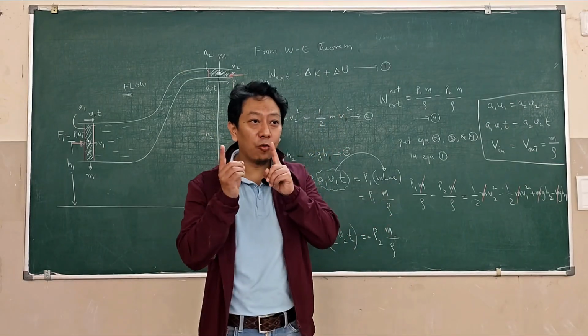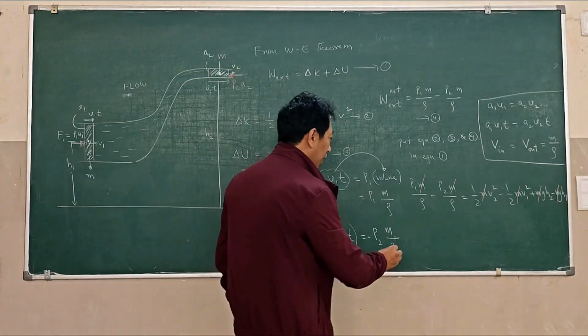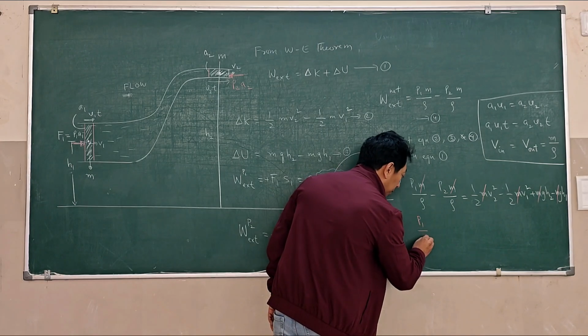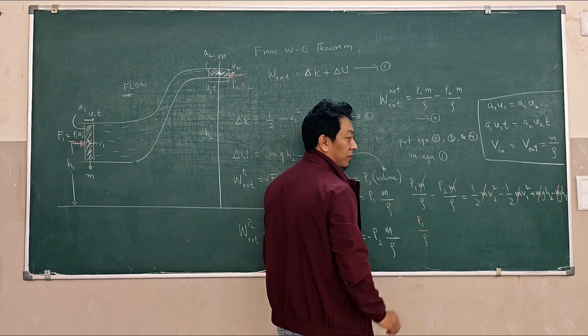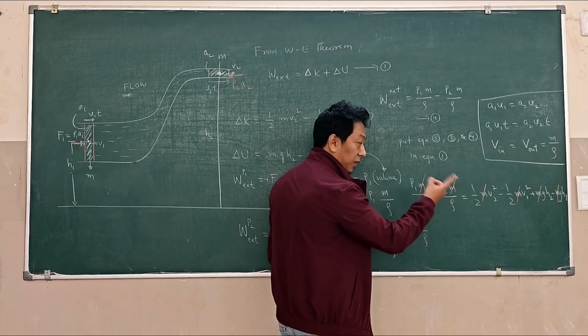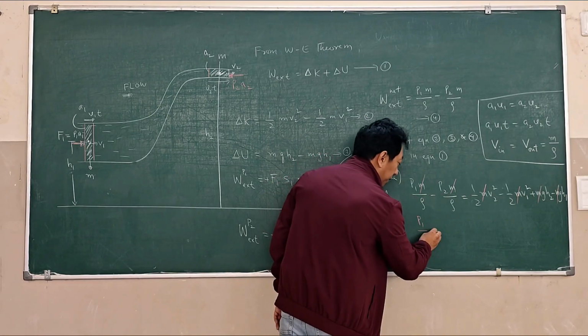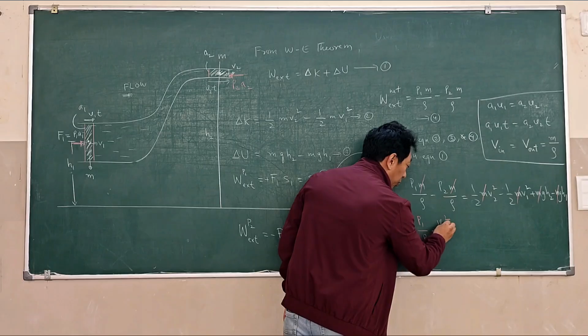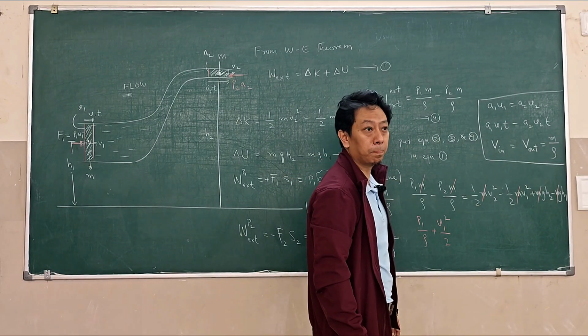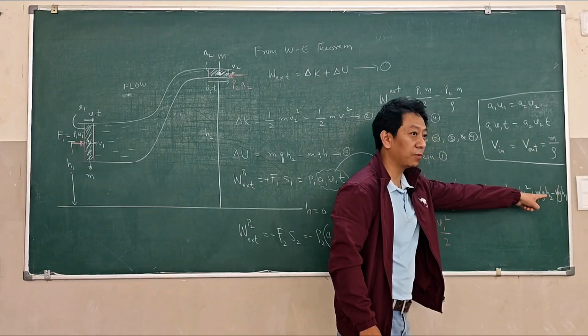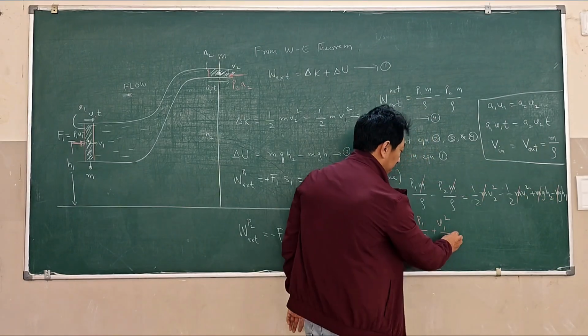Now bring all the 1s together. What will you get? P1 by rho. Where is 1 now? That side you can see 1 or not? Bring it this side. What will you get? Plus V1 square by 2. Then g h1 is there with a minus sign. Bring it here.